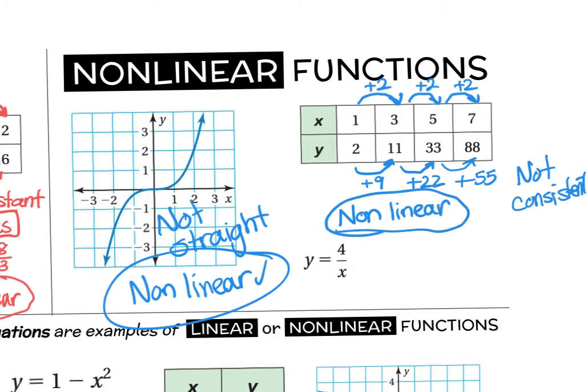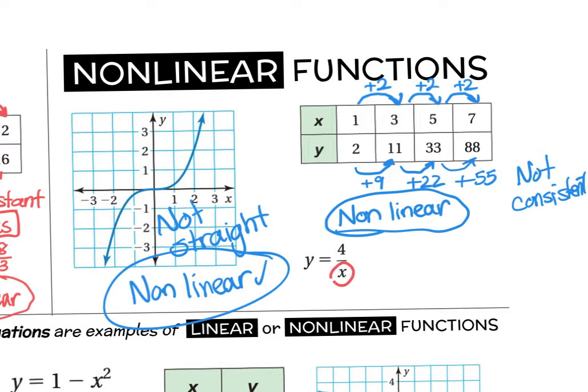Now, there were two things that we talked about on the first page to look for with equations. If x has an exponent, or if x is the denominator of a fraction, then your equation is nonlinear.